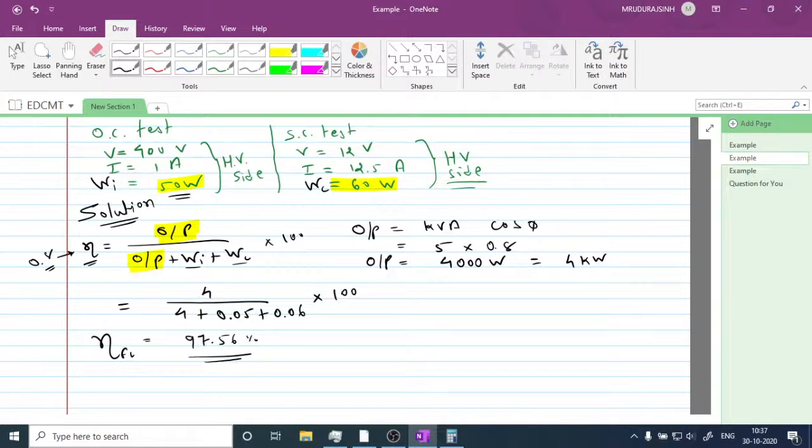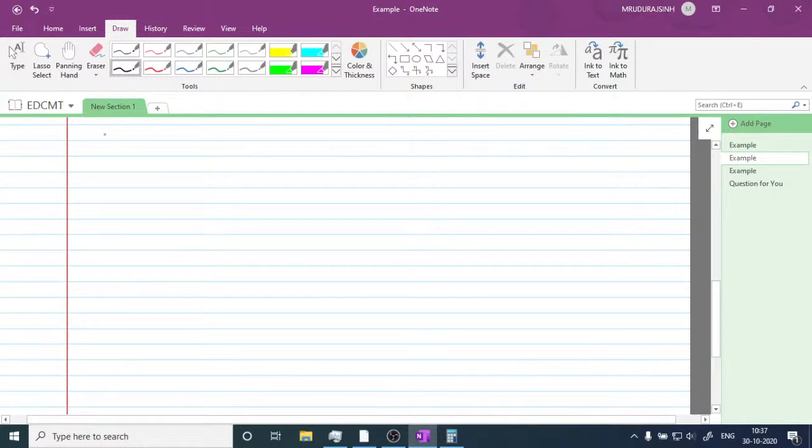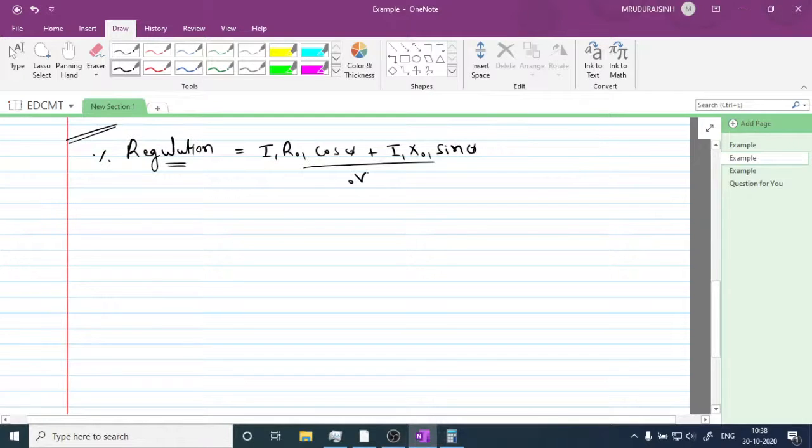Now we'll move to calculate voltage regulation. So the next section is percentage regulation. And what is the equation to calculate the percentage regulation? I1 R01 cos φ plus I1 X01 sin φ divided by OV1.